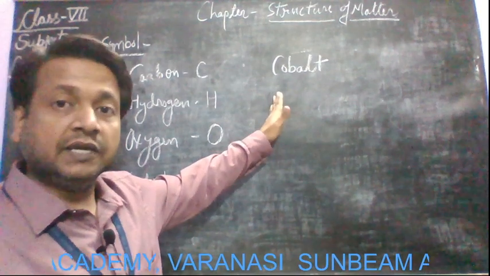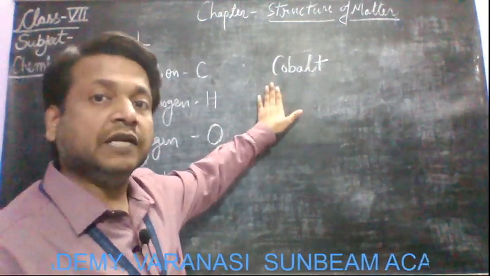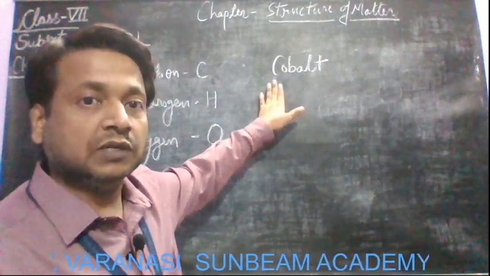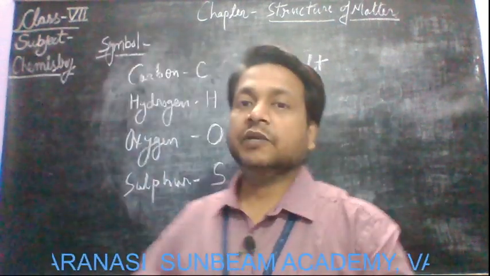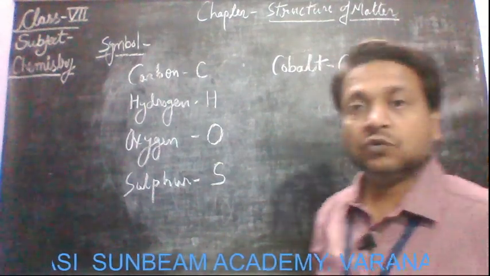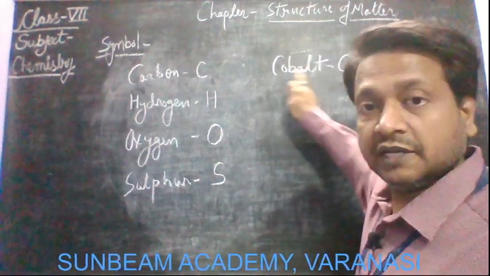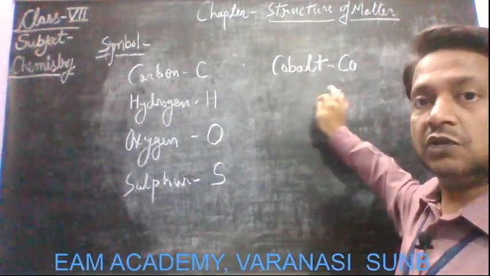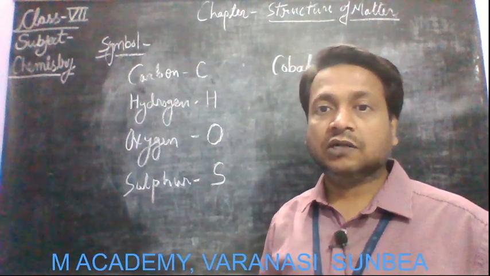In such cases, the first two letters are used as the symbol. So the symbol of cobalt will be Co. The first letter will be capital and the second letter will be small. So Co is the symbol of cobalt.